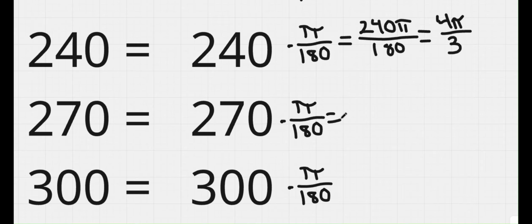270 degrees as a radian is 270 pi over 180.